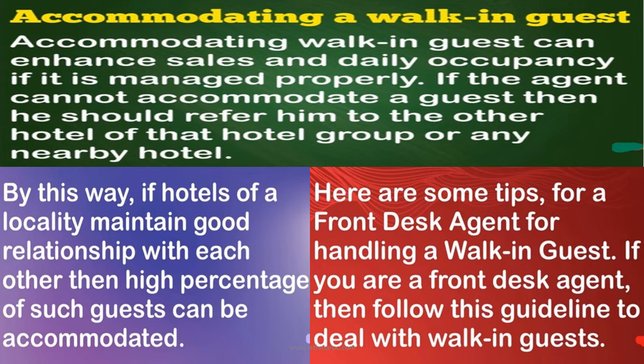In this way, if hotels of a locality maintain good relationships with each other, then a high percentage of such guests can be accommodated. This simply means, for example, I have a hotel and my friend has a hotel, and you come to my hotel and find all the rooms are full. There is no available room.